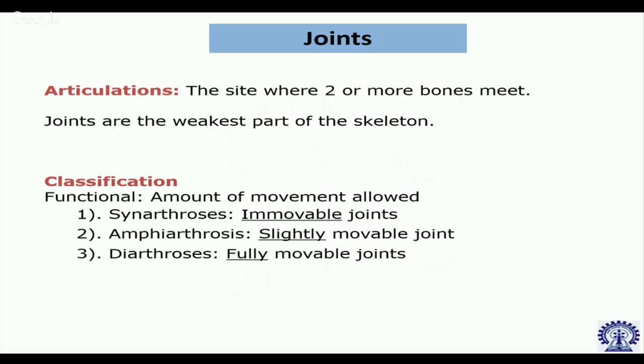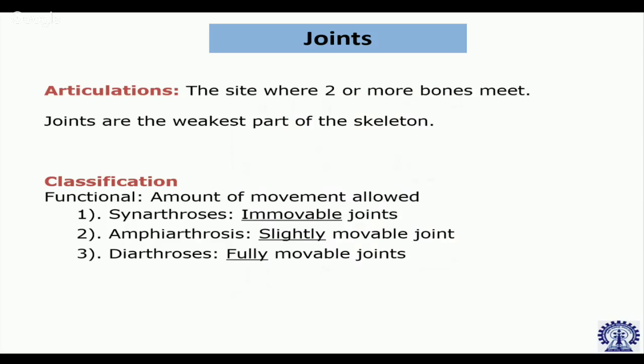Joints provide articulation, a site where two or more bones meet, and the joints are the weakest part of the skeleton. This is very important because this is the weakest link in the structure: two or more bones are trying to meet, and there is always a question of stability in the joints.